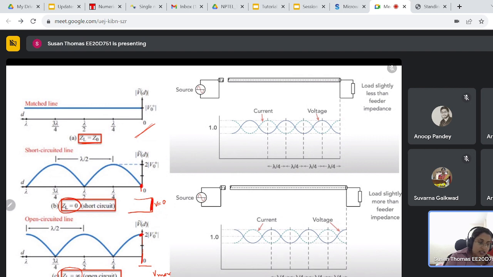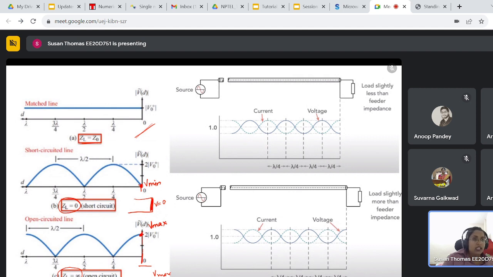In case of a short circuit, there is a V min, and in case of an open circuit, at the load end there is a V max. So these are special conditions: matched line, short circuit line, and open circuit line.